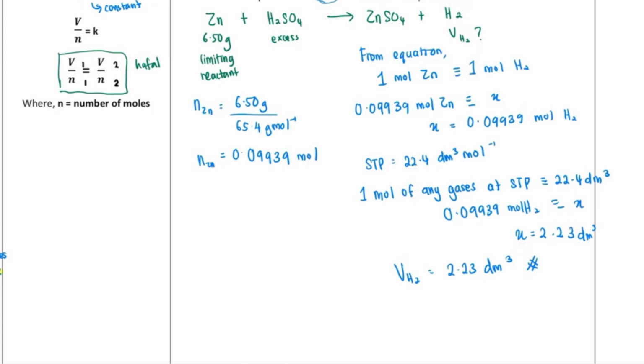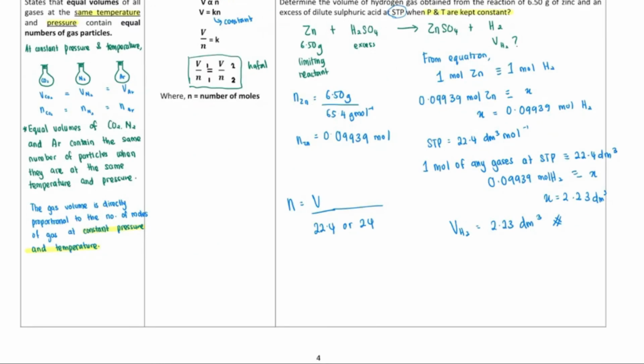Okay, ataupun kalau dalam chapter 1 kamu, you can just use formula yang ketiga je kan. Number of mole equal to volume over molar volume tu, 22.4 or 24. Okay, so kamu dah ada mole. And then kamu ada ni. So, kamu boleh dapatkan volume. Sama aja. Okay. So, settle untuk Avogadro's law.